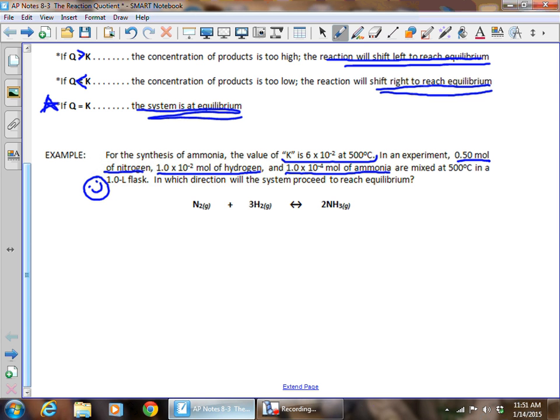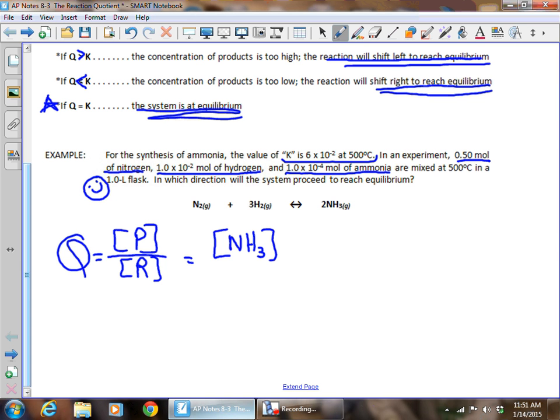Find Q. And we know that Q is found the exact same way as K. In this case, since all of these are gases, all of them are included: the concentration of NH3 squared, products over reactants, divided by the concentration of N2 and the concentration of H2 cubed.